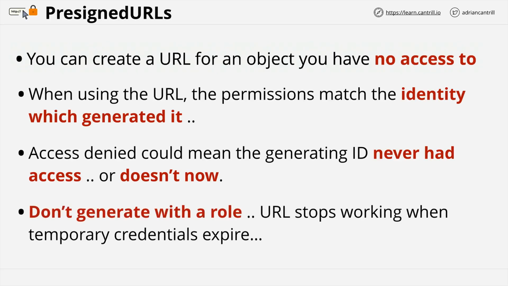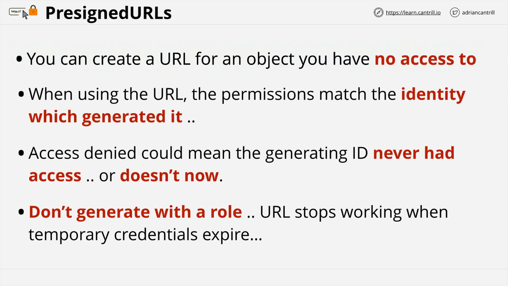You can, in theory, assume an IAM role, which, remember, gives you temporary credentials, and then use those temporary credentials to generate a pre-signed URL. A pre-signed URL can have a much longer validity period than those temporary credentials. So those temporary credentials will generally expire well before a pre-signed URL does.